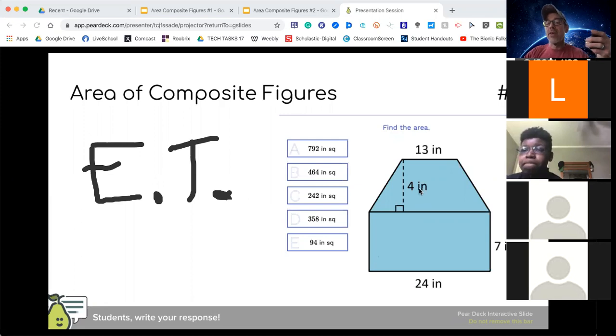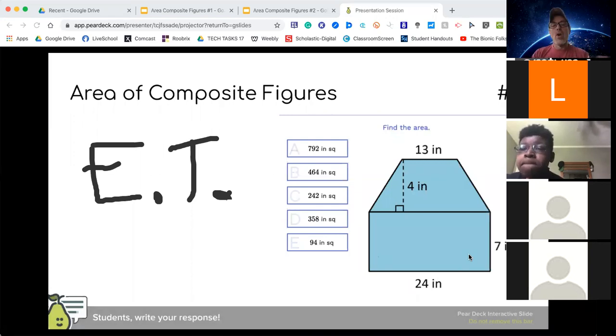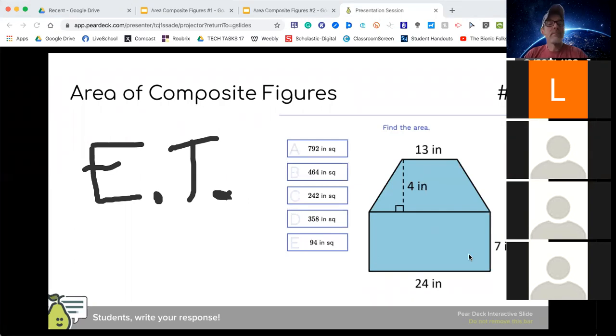Half of 37 times 4 is this part. Then 7 times 24 down here, add all that together. All right? So A, B, C, D, or E? Try this one on your Pear Deck. Hey, Melis, I'm adding you in.